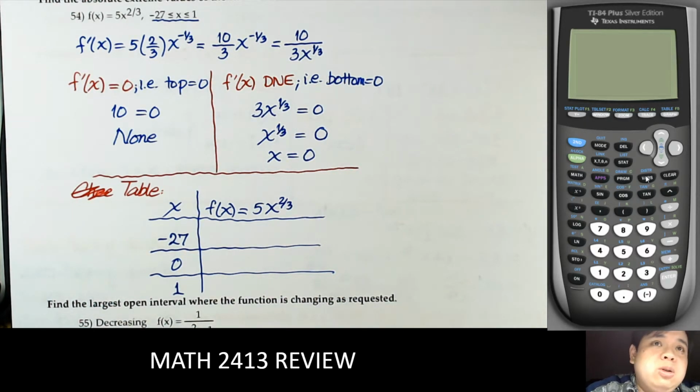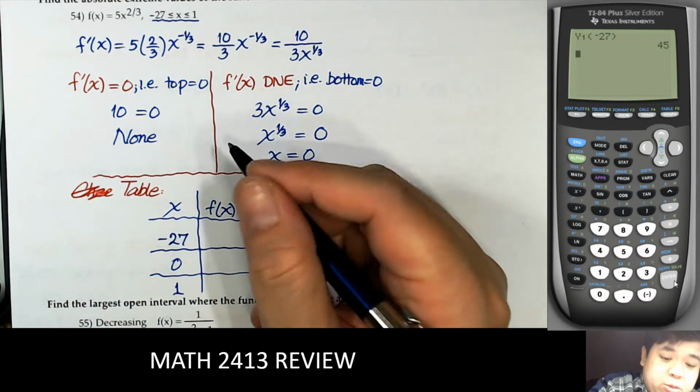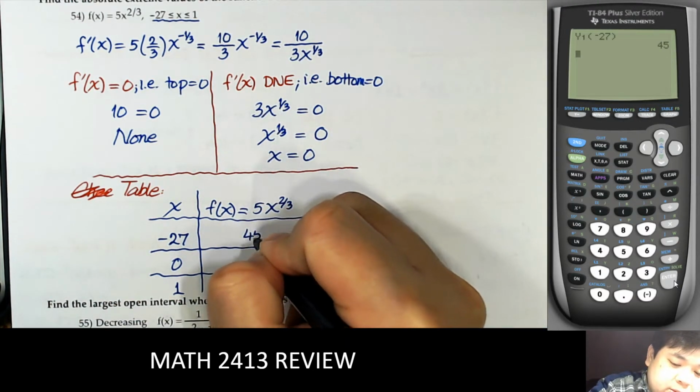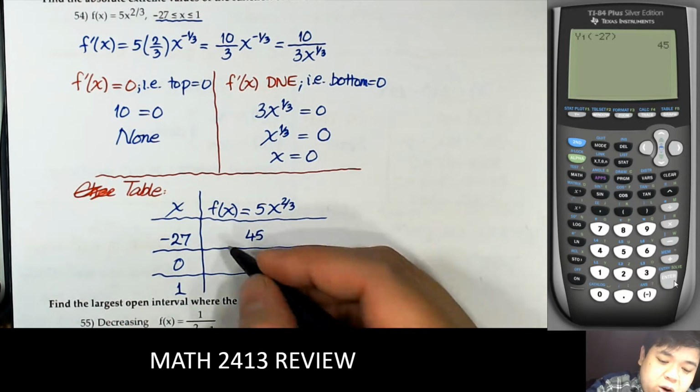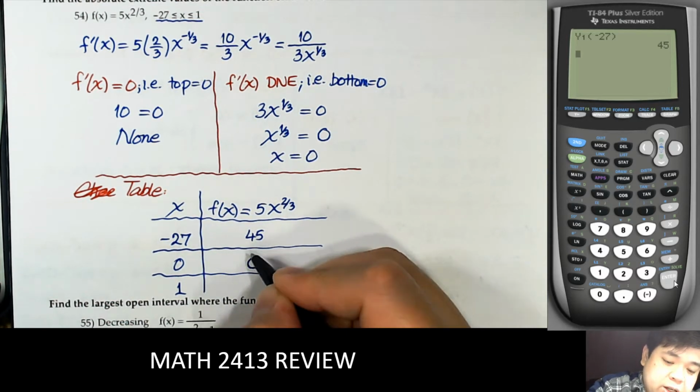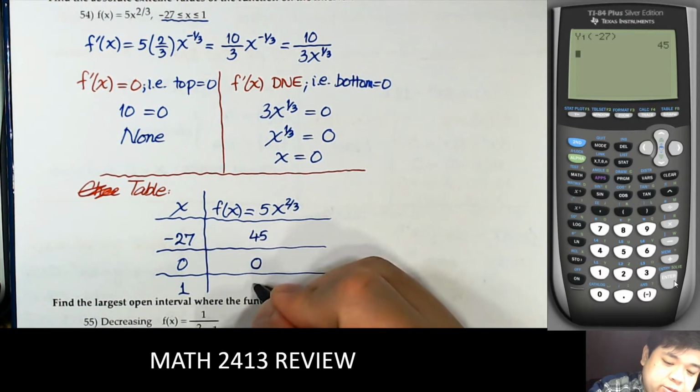Hit variables. Go to the function y variables. Function y1. In that case, we can do this easily. Evaluate the function at negative 27. We have 45. Put in 0, obviously we have 0. And put in 1, we have 5.